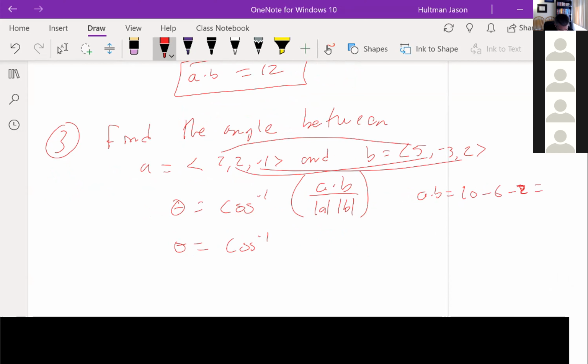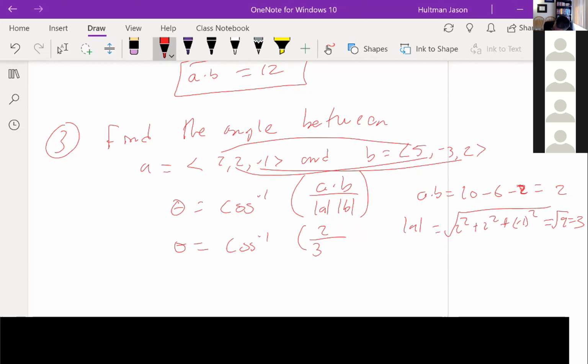So A dot B is equal to 2. What's the magnitude of A? Well, isn't that just the square root of 2 squared plus 2 squared plus -1 squared? Isn't that the square root of 9, which is 3?